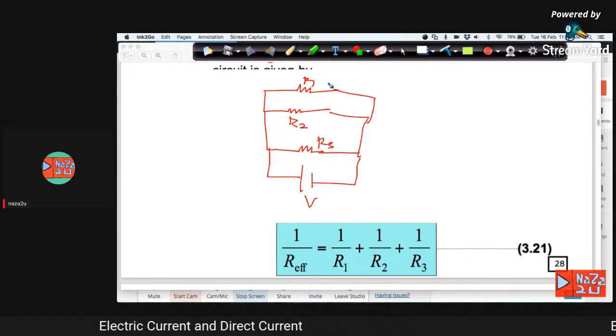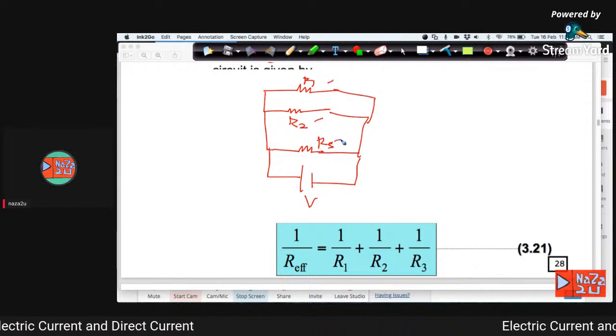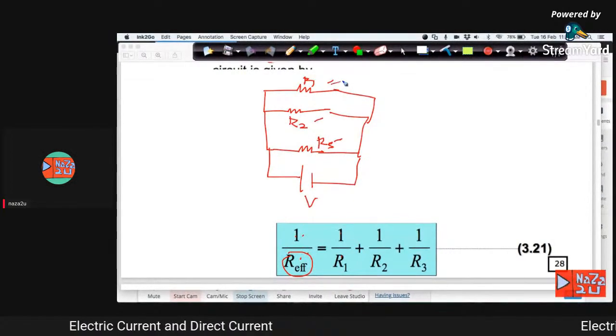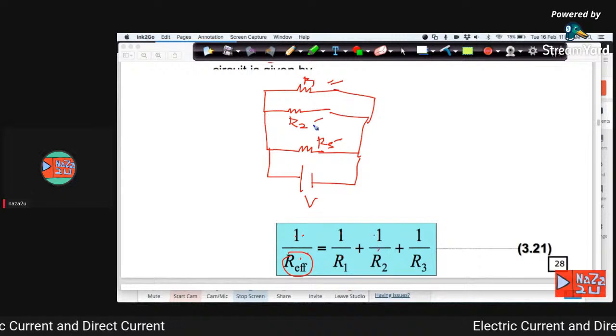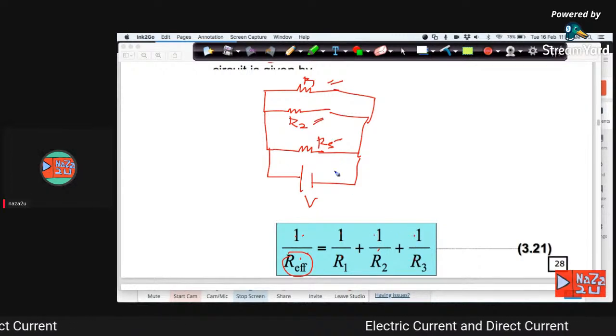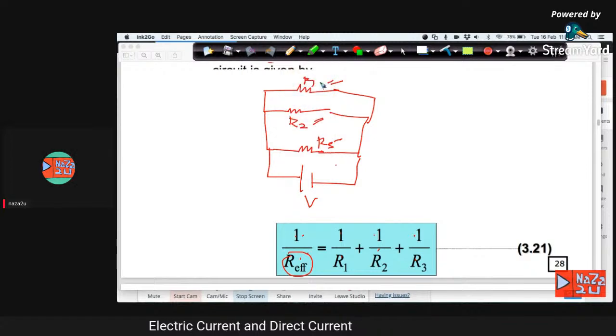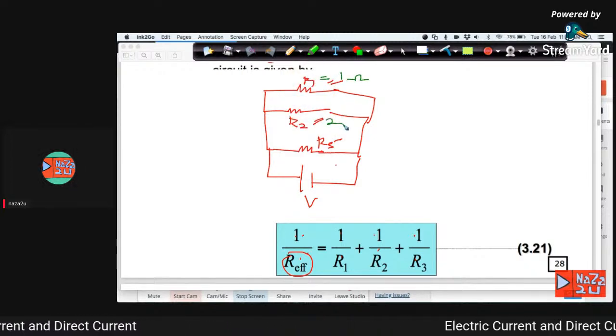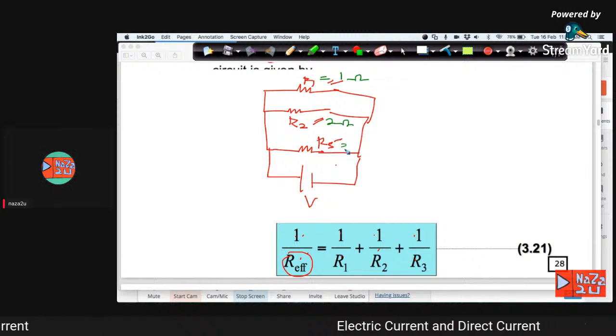So resistor in the parallel circuit, total or effective resistor is 1 over R eff equals 1 over R1 plus 1 over R2 plus 1 over R3. So meaning here, if R1 is 1 ohm, R2 is 2 ohm, R3 let's say 3 ohm. So how to calculate effective?